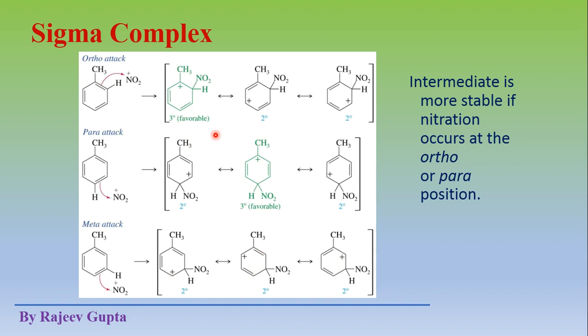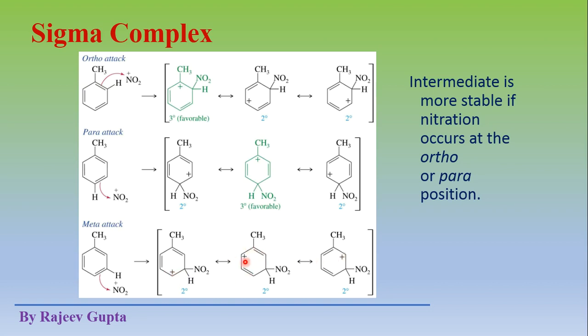See what is the difference here. In ortho attack, the positive charge comes onto the ipso position and meta positions, but in case of meta attack it goes onto the para position and ortho position.